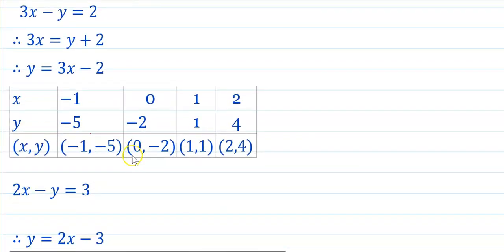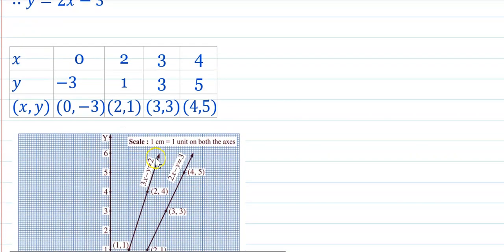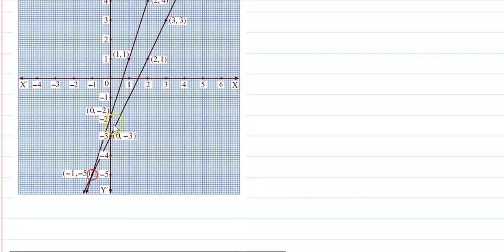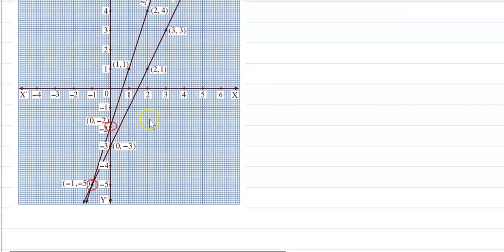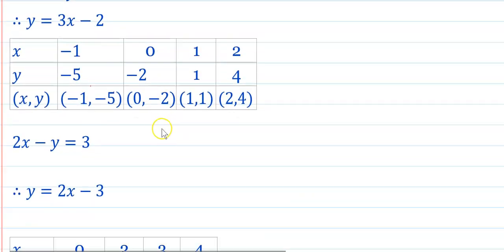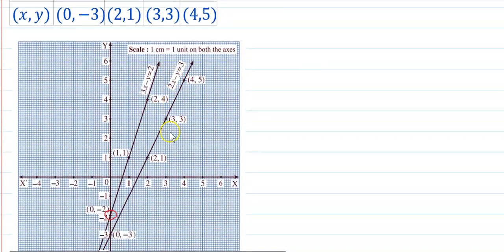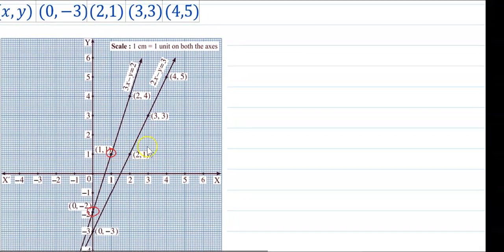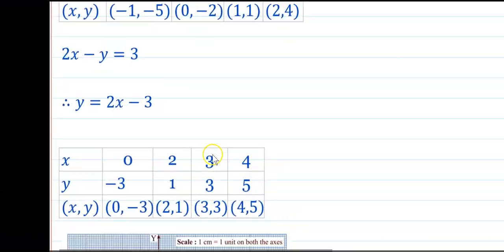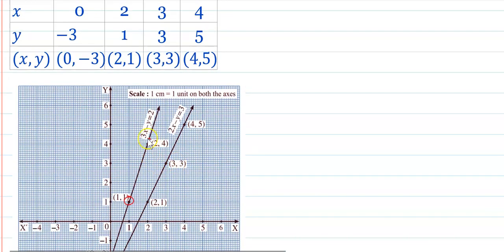Next is (0, minus 2), that is x is 0, y is minus 2. Next is (1, 1). And what about the last, (2, 4)? This is the point.